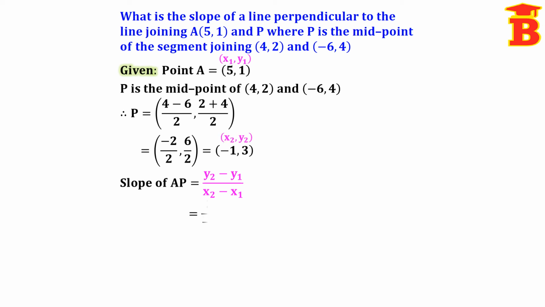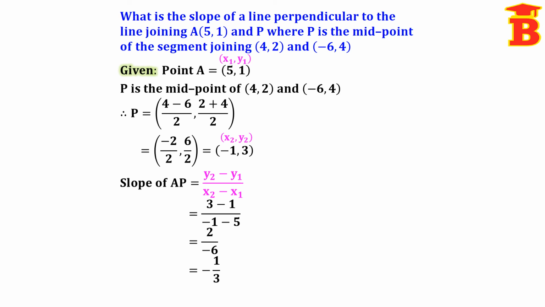Substitute in the formula. y2 minus y1, 3 minus 1 divided by x2 minus x1, minus 1 minus 5. This is equal to 2 divided by minus 6. Cancel by 2, we get the answer minus 1 by 3. This is slope of AP.